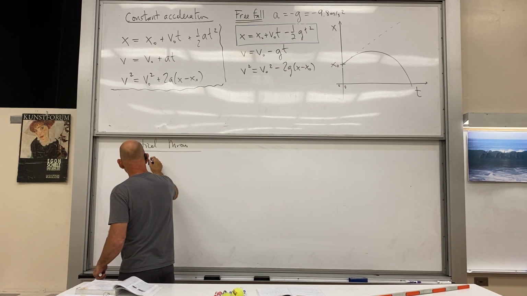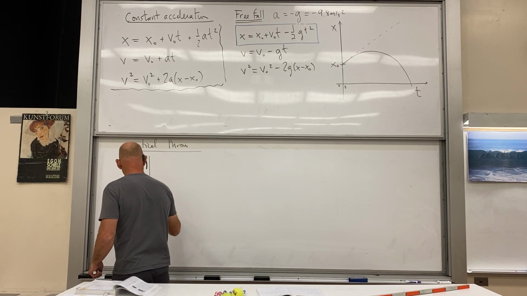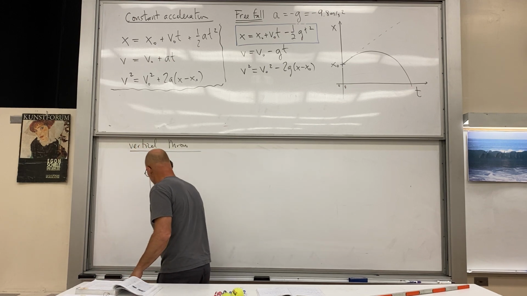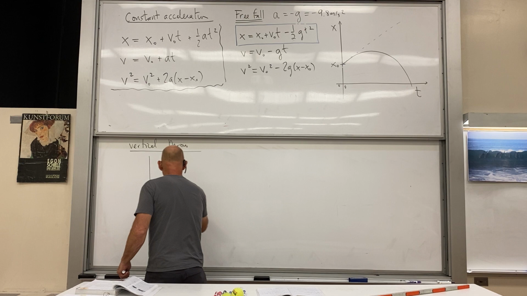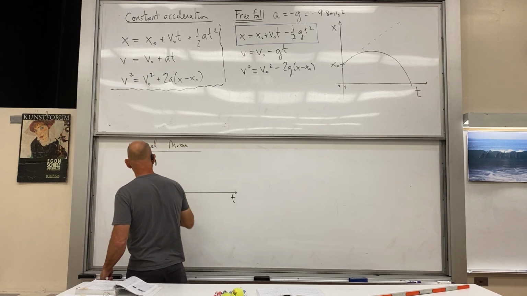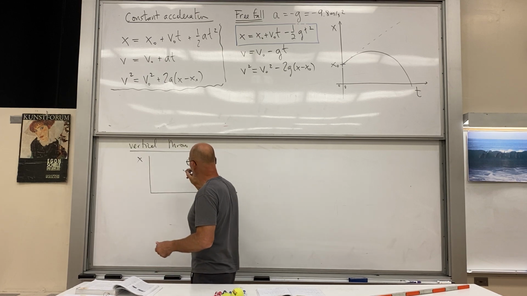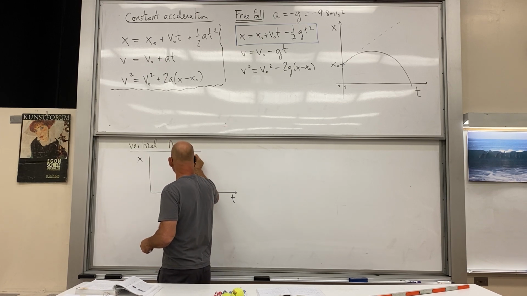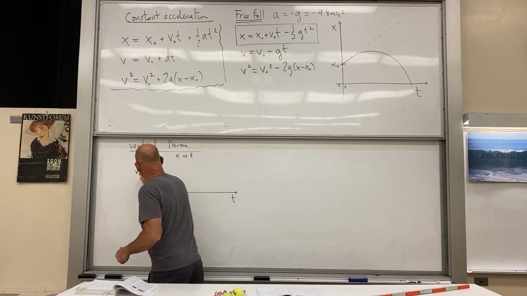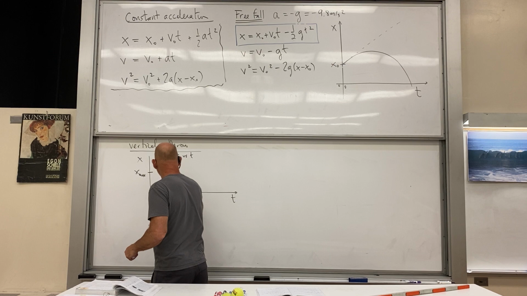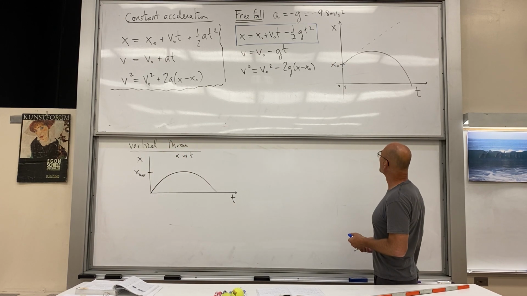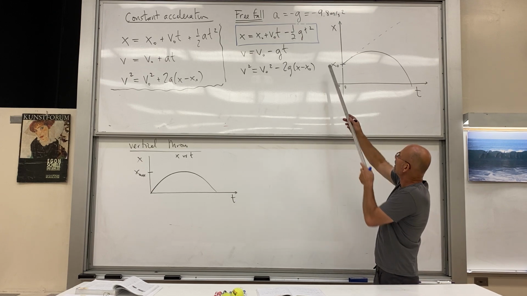And this time I'm going to do 2 graphs, so I have to leave enough room. So this is t and x, position versus time, x versus t is the graph. And we just saw that we get something like that, qualitatively the same thing. And that was this first function.